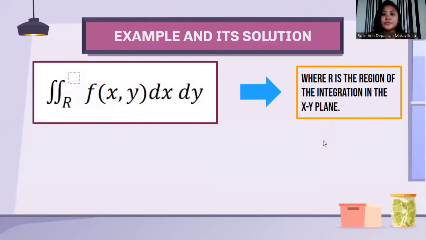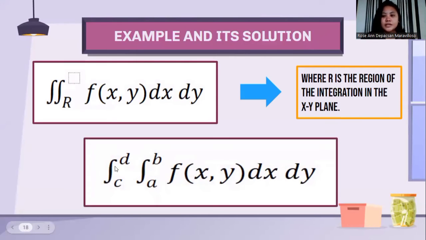Here we are integrating over two variables, x and y. For each variable, we have an integration sign, as you can see here, and to indicate the variables involved, we have dx and dy. dx is associated with the x integral here, which runs from a to b, and dy is associated with the y integral here, which runs from c to d.